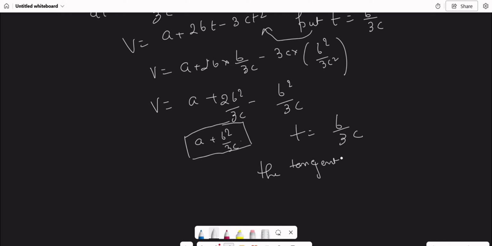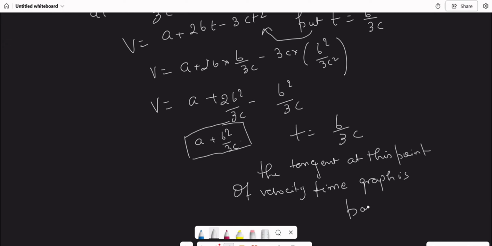The tangent at this point of the velocity-time graph is parallel to the time axis. So this is how we can find out the required time.